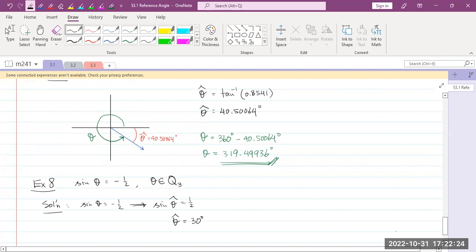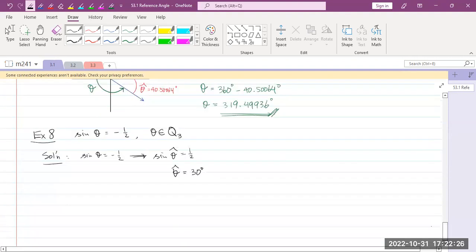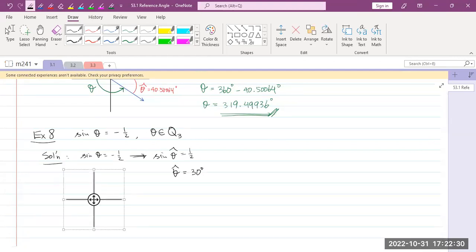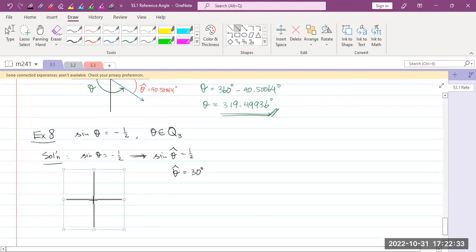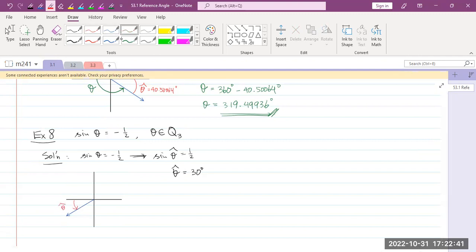Now bring this back to quadrant 3. We already know the reference angle. So the reference angle is 30 degrees here. So what will the theta be? 180 degrees plus theta hat.